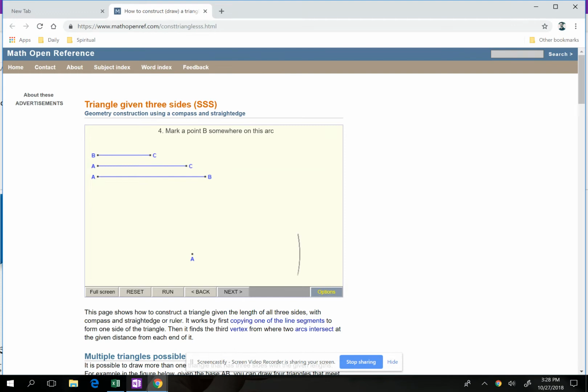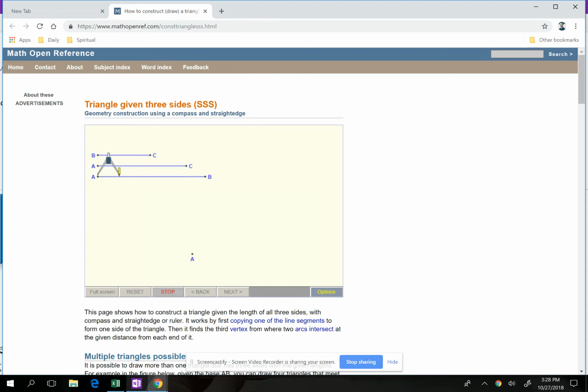And make point B somewhere on that arc, and then find the width of AC and swing an arc from point A, and then find the width of BC and swing an arc from point B, and you have your triangle. Okay, so I'll go ahead and finish it up. And there we go.